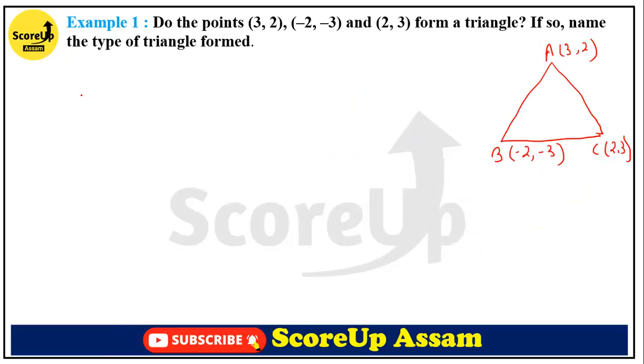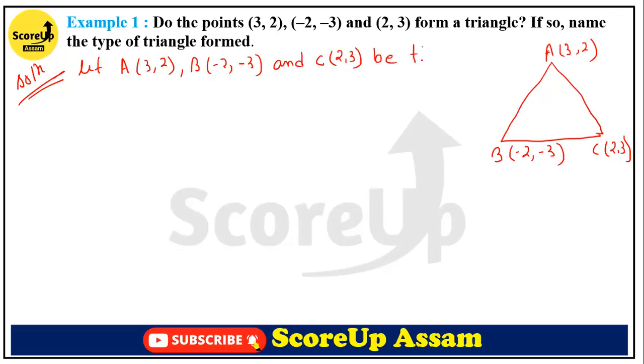Now we shall find the length of AB. You should write like this: Solution, let A (3, 2), B (minus 2, minus 3), and C (2, 3) be the 3 vertices of a triangle.